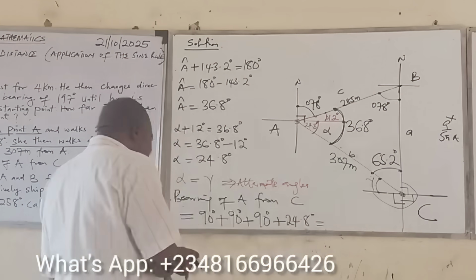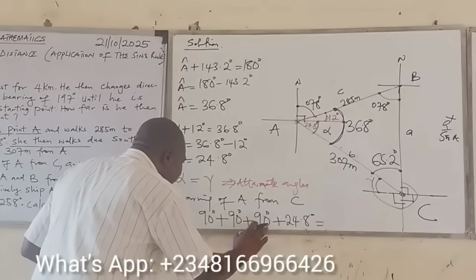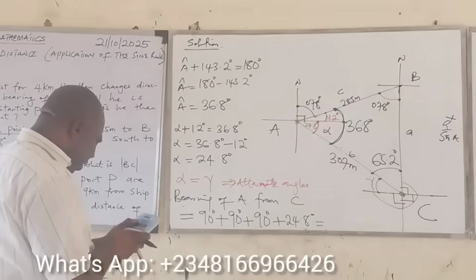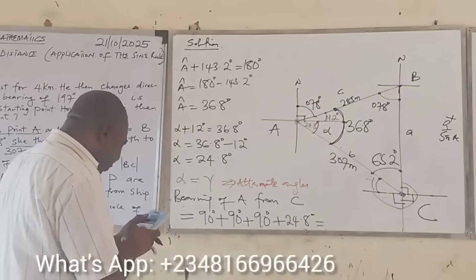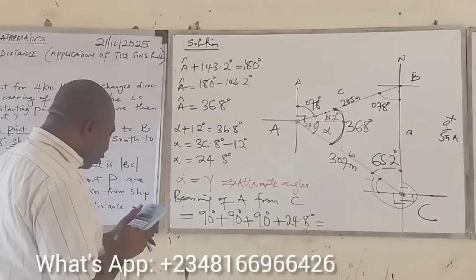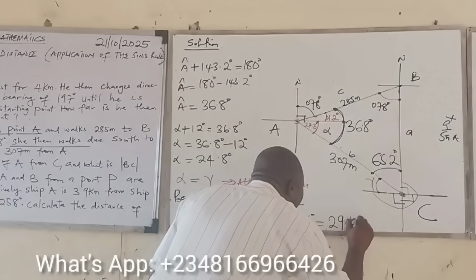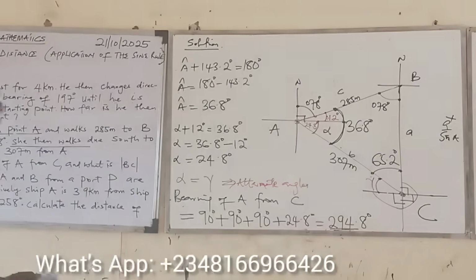Adding the whole of this, 90 plus 90 is 180. 180 plus 90 is 270, and 270 plus 24.8 gives us 294.8 degrees. So that's the bearing of A from C.